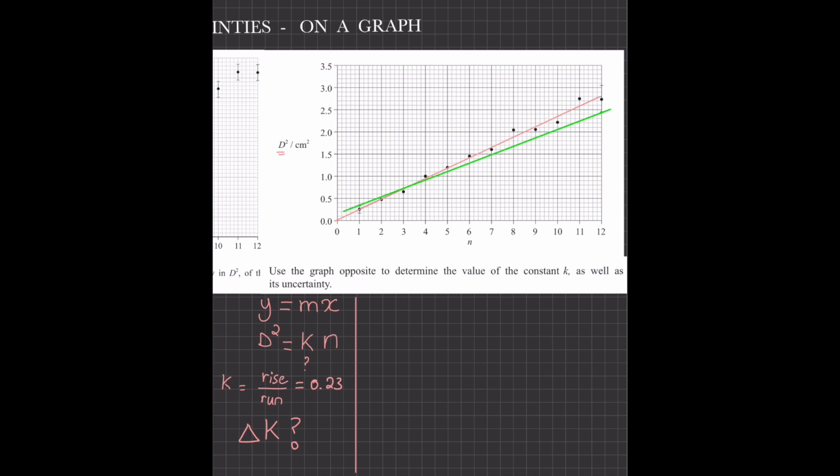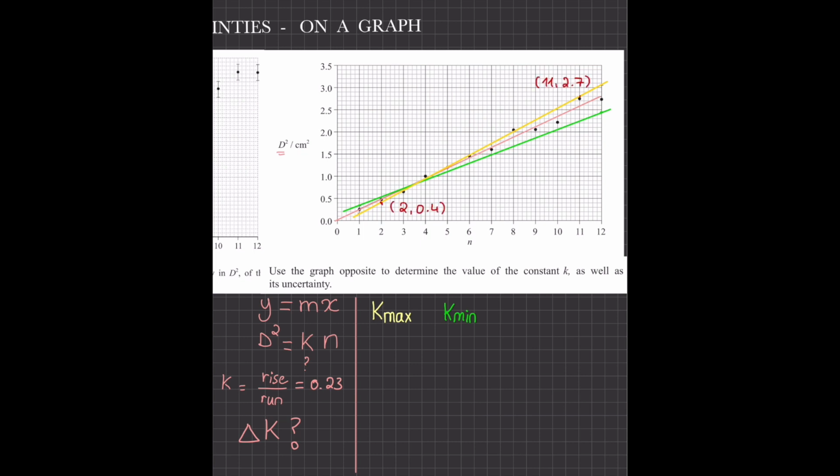The second worst fit would be the tail of the first error bar with the head of the last error bar, just like that. Now you need to find k max and k min, and you do this by choosing 2 points on each line graph. You need to make sure that they're as far away from each other as possible.